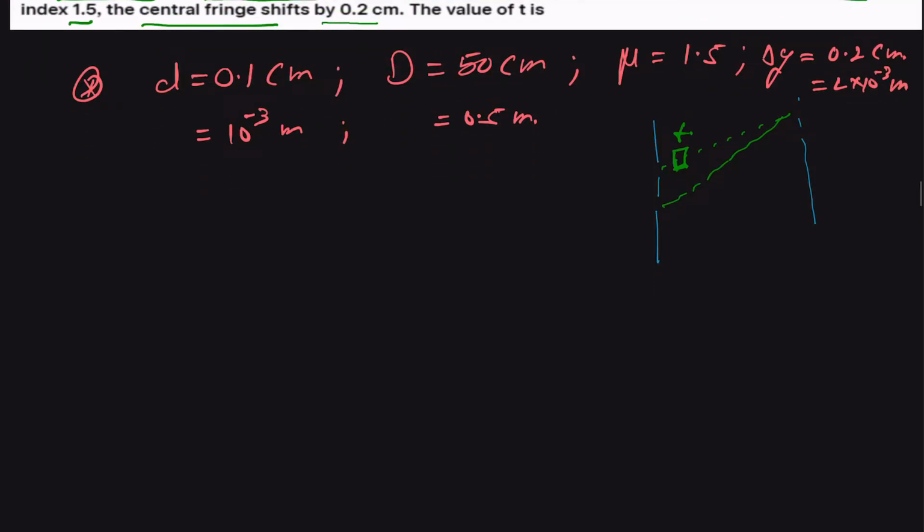And in this case we have to remember that as we add this thin transparent sheet of refractive index mu and thickness T, it is going to produce an additional optical path difference.